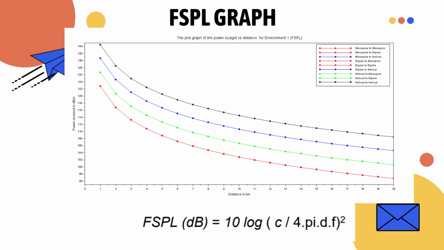In this ideal scenario, the path loss follows the inverse square law, where the signal power decreases in proportion to the square of the distance from the transmitter. The graph shows a linear increase in path loss with distance on a logarithmic scale, as the signal spreads out over a larger area.